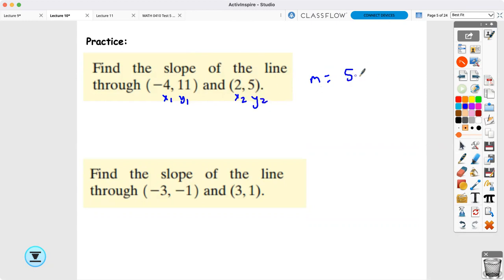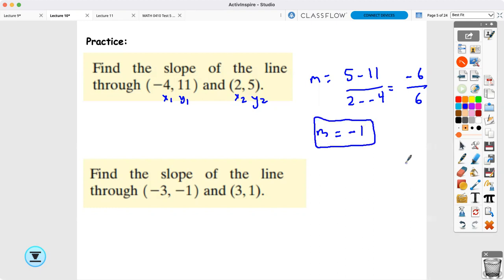So then we get 5 minus 11 over 2 minus -4. 2 minus -4 is 2 plus 4, which is +6. 5 minus 11 is -6. A -6 divided by 6 is what? It's not a 1, it's a -1.